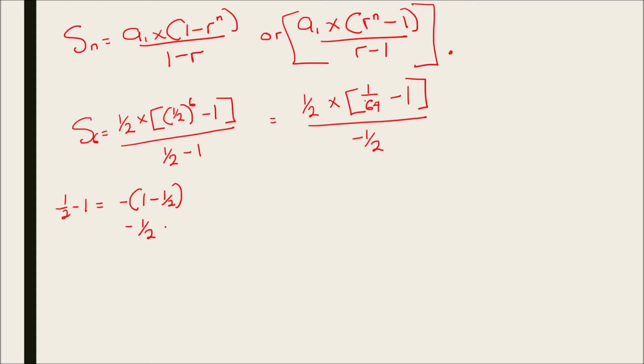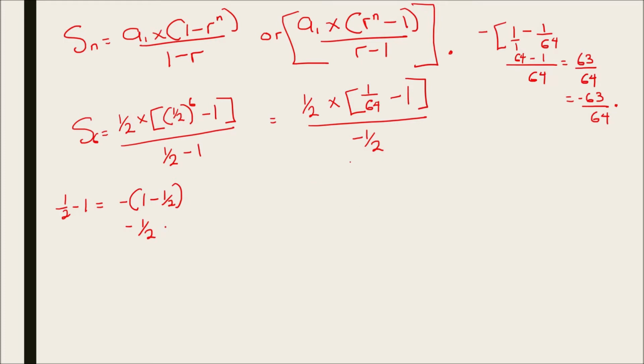Now what's 1 over 64 minus 1? Again, that's minus, 1 minus 1 over 64. Let's do it together: 64 minus 1 gives 63 over 64. Remember there's a minus sign here, so we have minus 63 over 64.